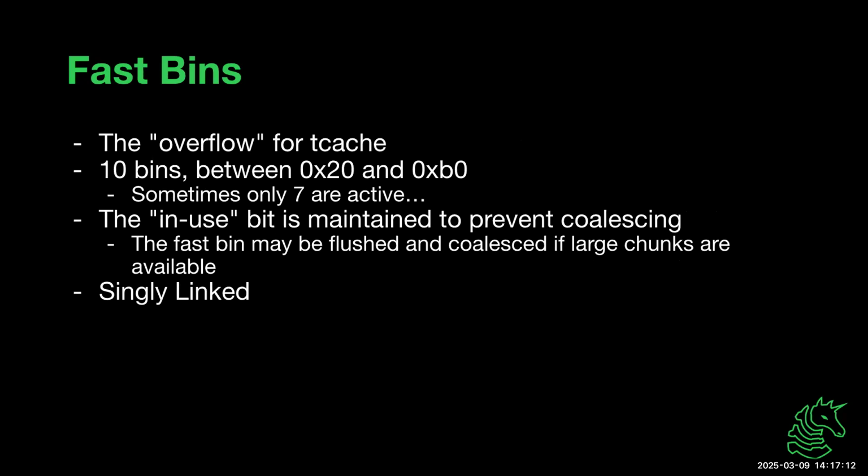They are not coalesced, which is another optimization. They're not coalesced immediately, but malloc will occasionally coalesce free chunks when it needs to allocate a large piece of memory, for example. These are singly linked, and they also skip some security checks, which is important for some of the challenges.